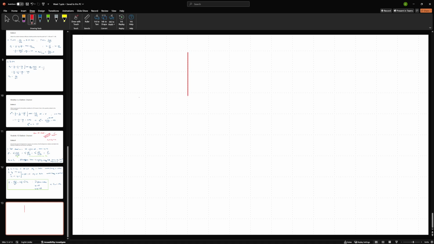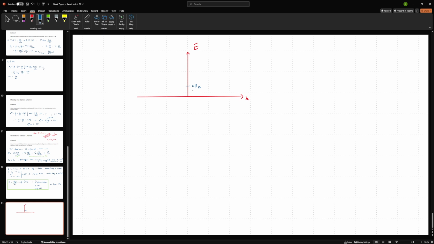So this is E, and this is K, and I know the minimum energy is going to be over here, which I shall call 2ED. There cannot be an energy state with energy less than this because of the quantization.